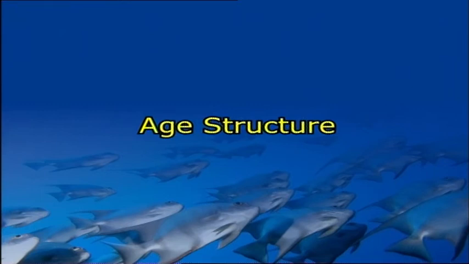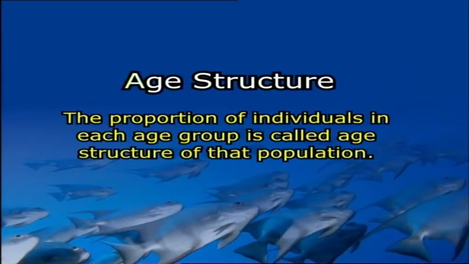The third characteristic of any population includes age structure. In this characteristic, we will learn about different types of age pyramids in brief. The proportion of individuals in each age group is called age structure of that population. Most of the populations have individuals of different ages.